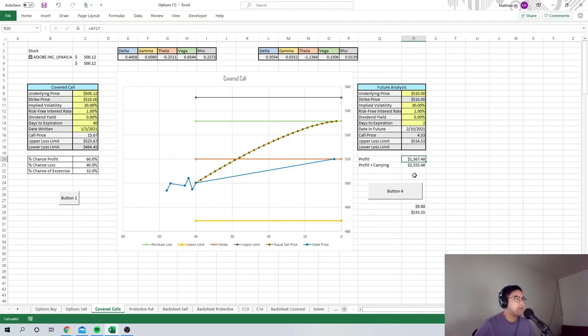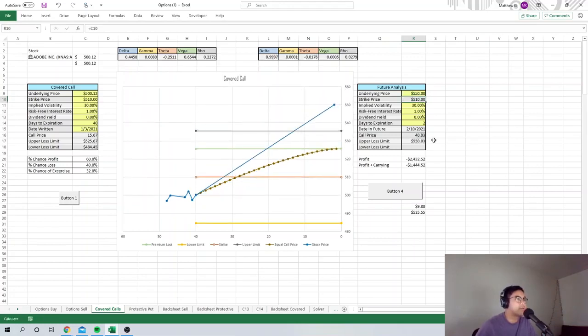So profit plus carrying is the legit maximum that you made, because if you don't want to include that, it's 1,567. Right. So if we go up to 550, which is way up there, we're losing, because someone has the right to buy 100 shares at what was the strike price? 510. So we just lost this much profit right here. That's not good at all.